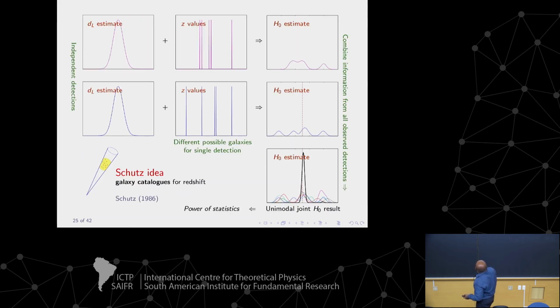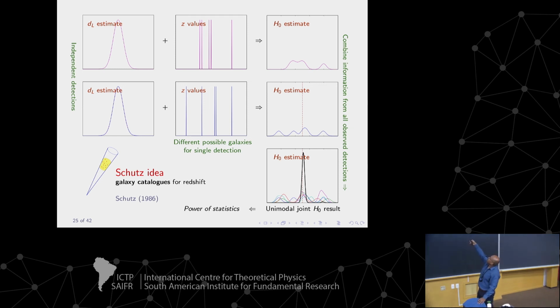Okay, so by the way, this is only a cartoon. In practice, as you saw from the real results, even with one observation, you do not see clear multiple peaks. You just see a vague imprint of the underlying redshift distribution.